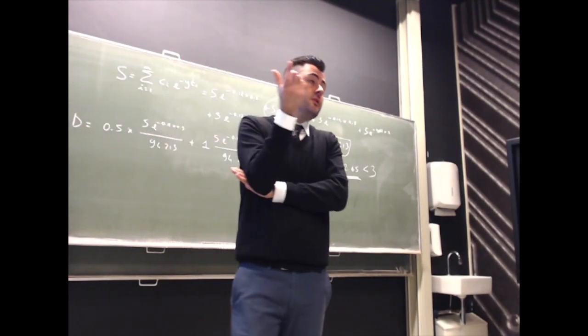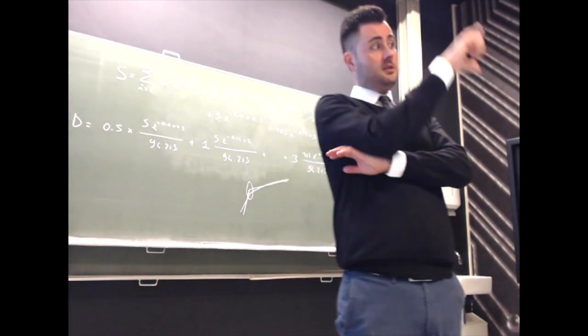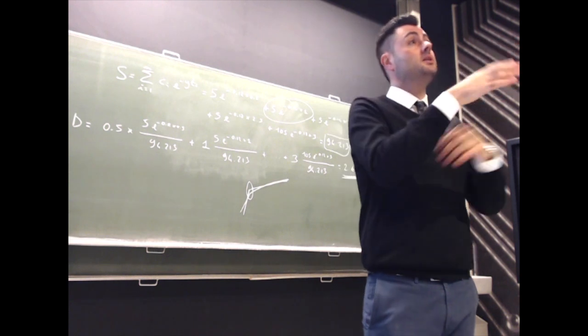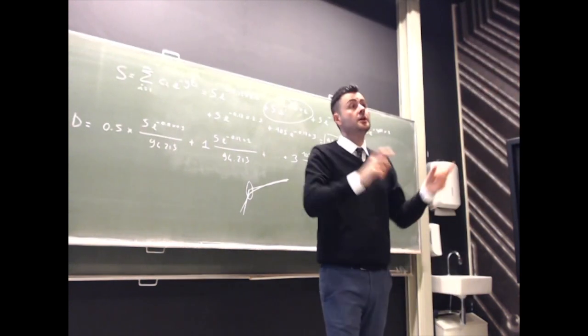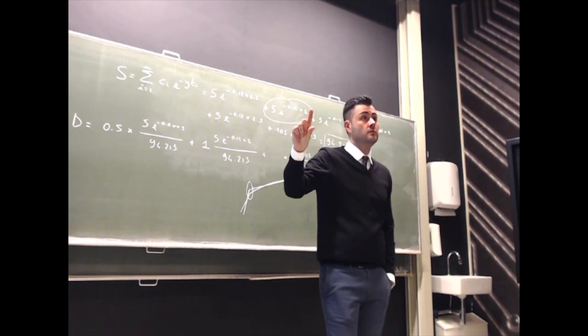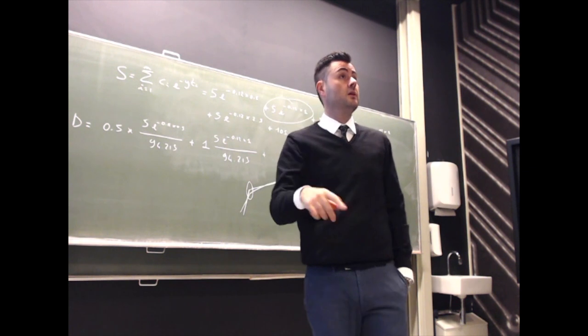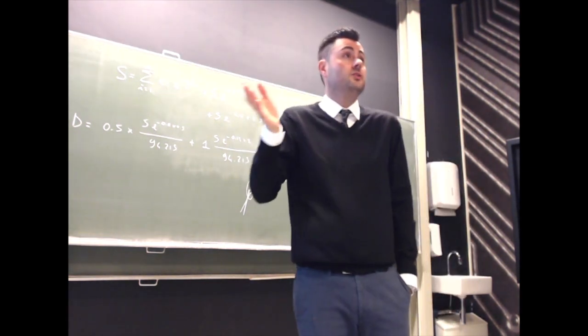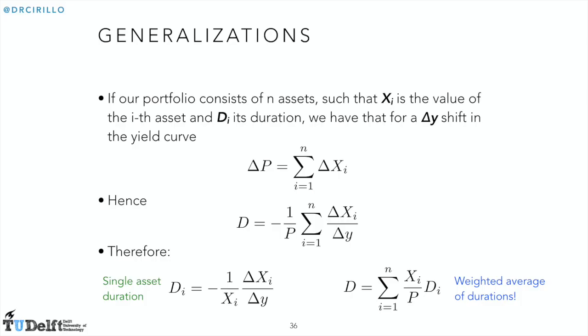And it's not difficult to see that if there is a variation in the total value of the portfolio, this variation can be disaggregated, can be split into the variations of the different assets composing the portfolio. I'm not saying that necessarily all assets need to change. For some assets, maybe the change is 0. But still, if I sum something plus 0, I can do that, and I can always write the change in the portfolio as the sum of the changes in the assets.